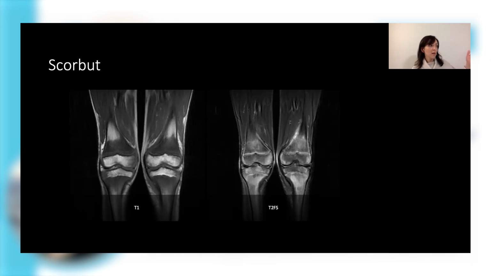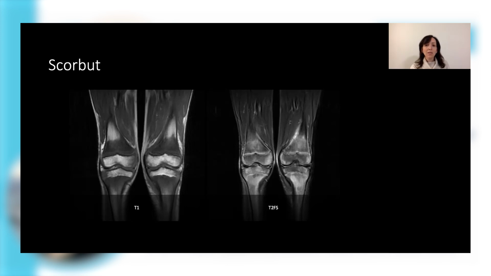He was a child who would get up and dance on the table every day because he loved music, and he had stopped walking and stopped getting out of bed. At first, the radiologist thought he had leukemia because the bone marrow was swollen and the metaphyses were really active. But only the metaphyses were active, not the entire diaphysis of the bone, not all of the bone marrow. So that's what led us to think it was scurvy.